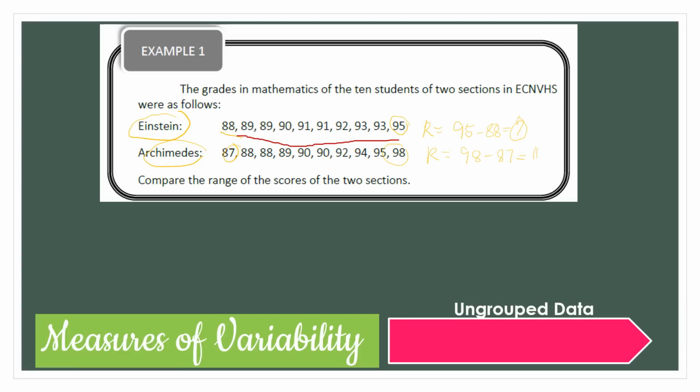How do we get the range for section Einstein? We subtract the highest, which is 95, and the lowest, which is 88. The result is 7. For section Archimedes, the highest is 98, and the lowest is 87. Subtracting those two, 98 minus 87 is equal to 11.